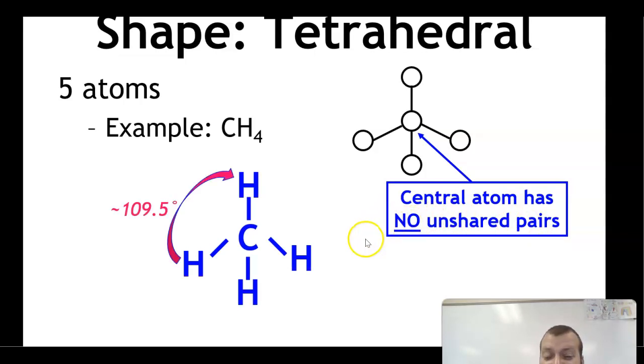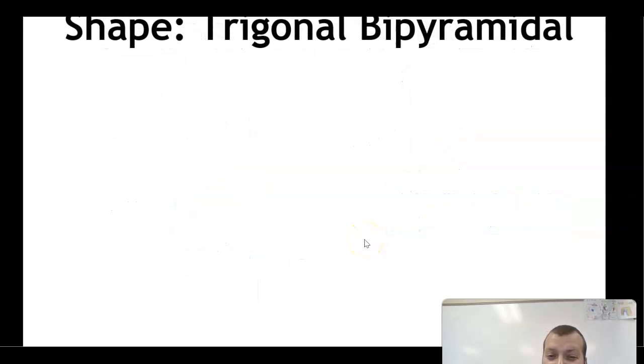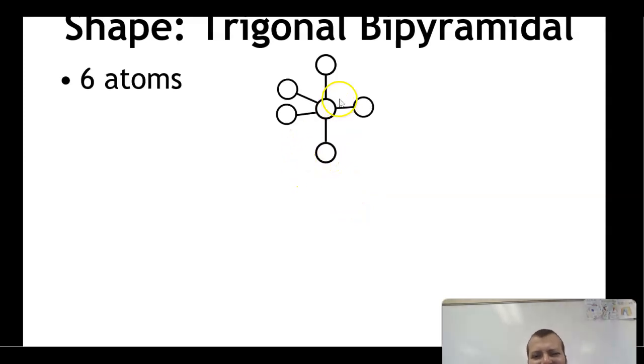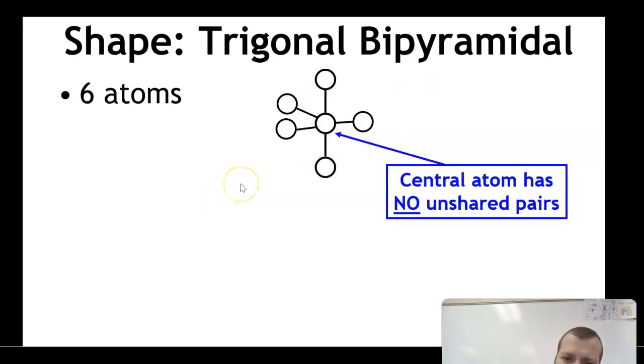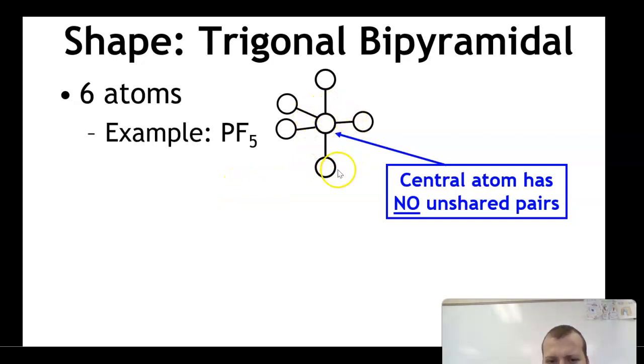Next, we're going to get into some unique ones. Trigonal bipyramidal, it's very rare, very unique, but I feel like it's pretty important to talk about. There's 6 atoms. You might be wondering, is that even possible? Well, it is possible. It's one of the exceptions on the periodic table. It's impossible to build, so we're not going to be building it. But I thought it's important to show you that having 5 bonds, if you count 1, 2, 3, 4, 5, it is possible.